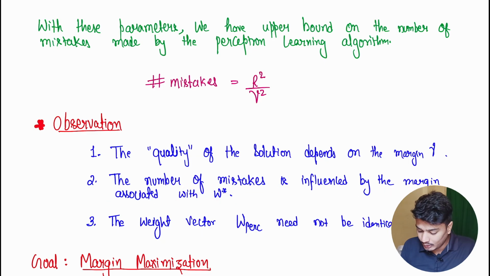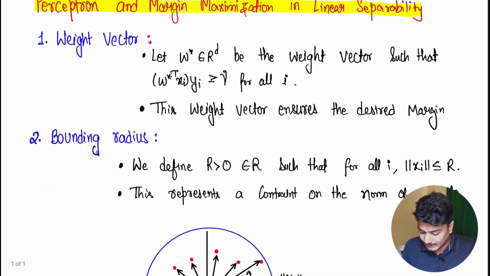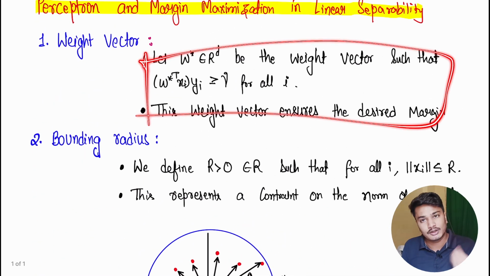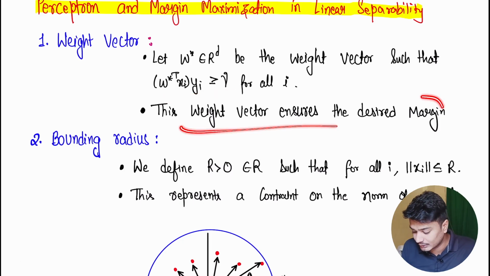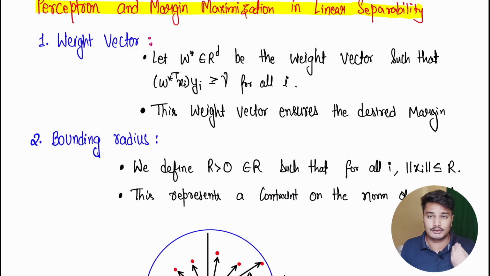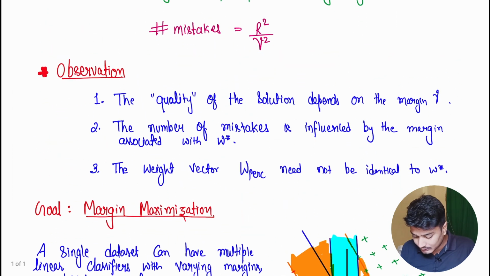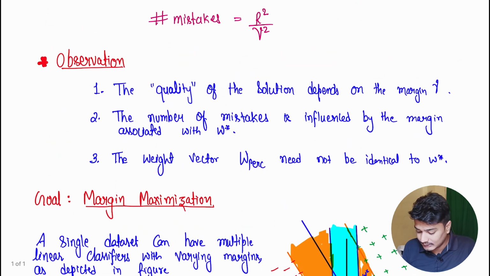Whatever weight vector we have, the margin is associated with it, because the weight vector ensures the desired margin. And third, the weight vector, that is W of perceptron, need not be identical to W star. It means that there may be many W stars.